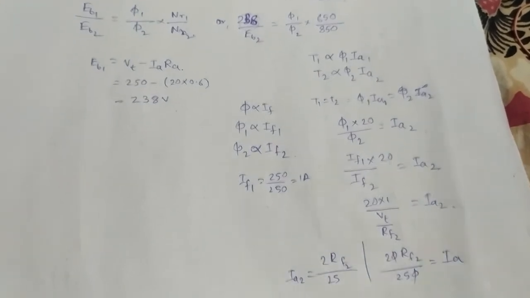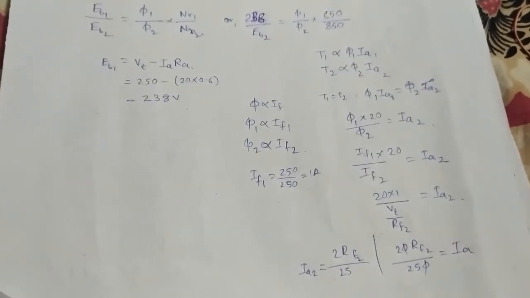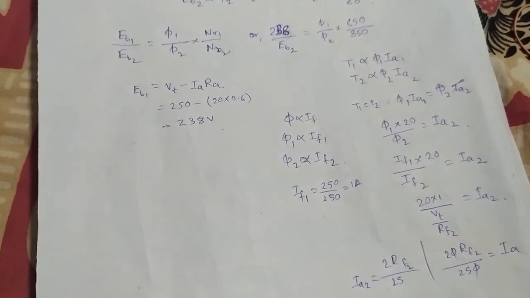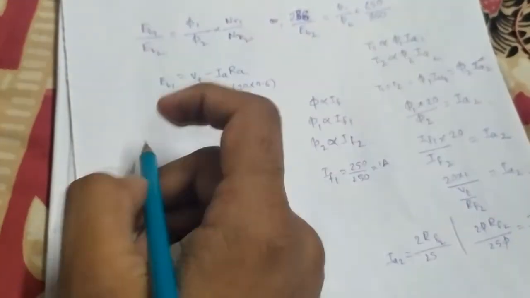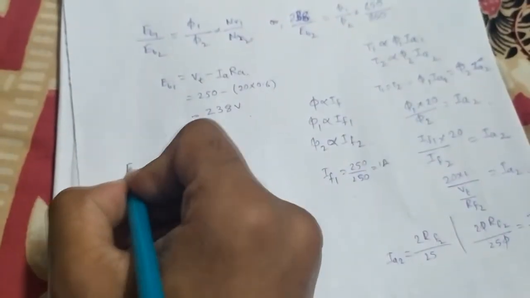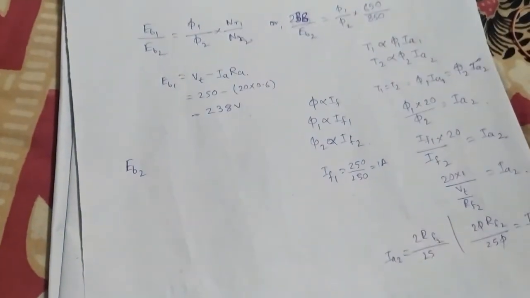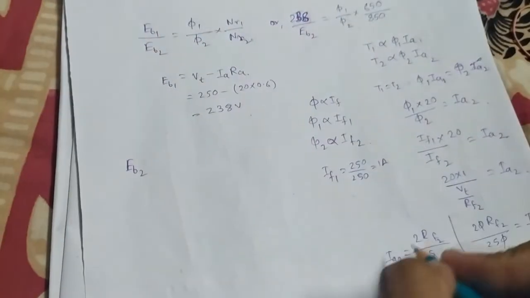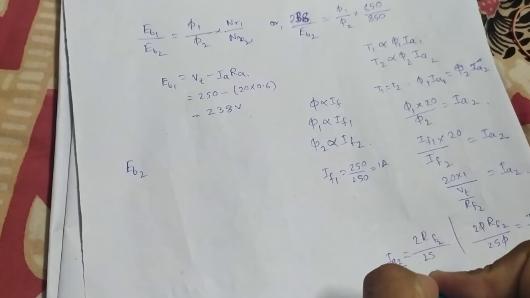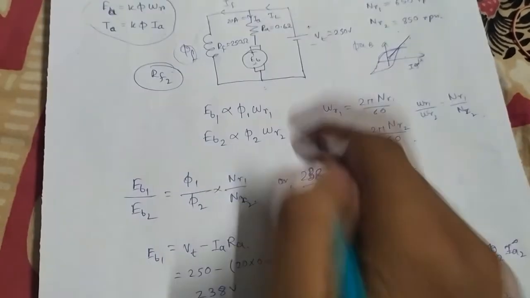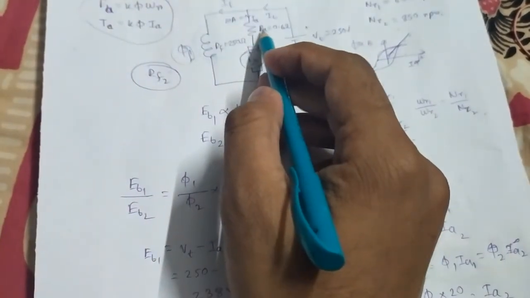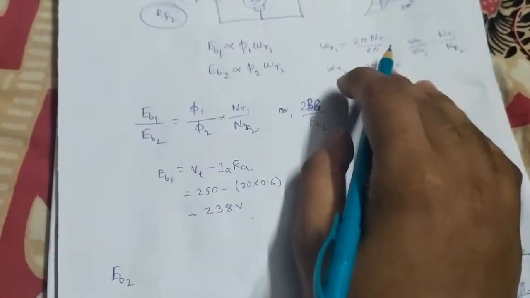So this much we have calculated, right? Now let's form the EB2 equation for the second case. In the second case Ia2 is known, and the Ra will be the same. The armature circuit is not going to change, right?